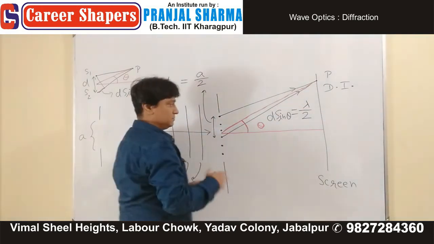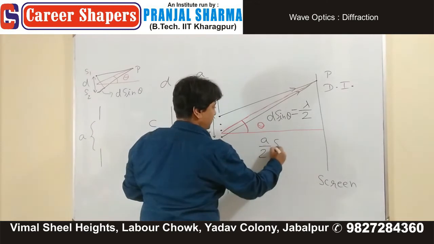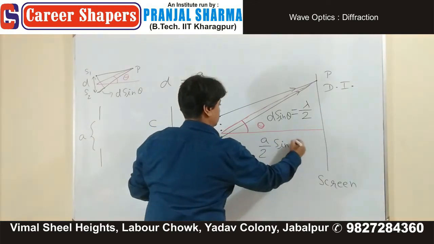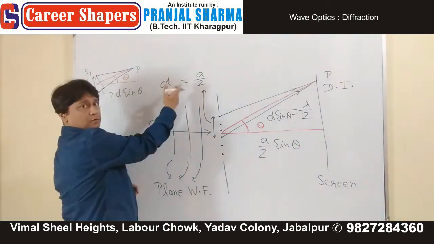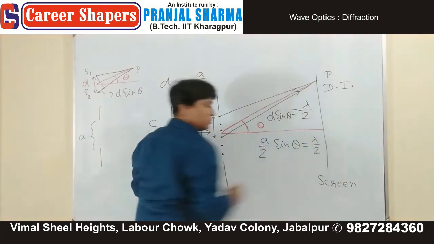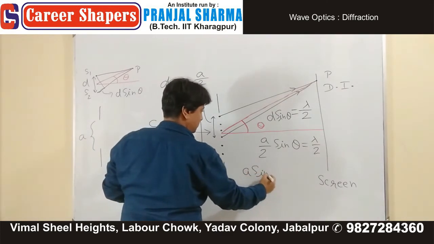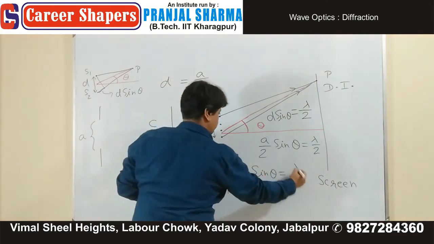This d then becomes A by 2 sine theta equals lambda by 2, which is A sine theta equals lambda.